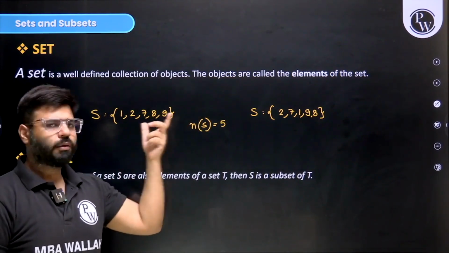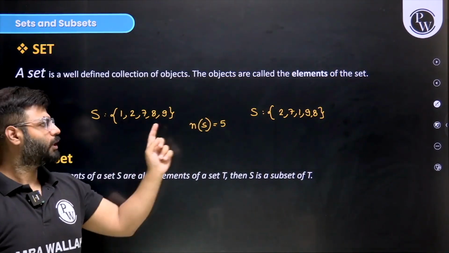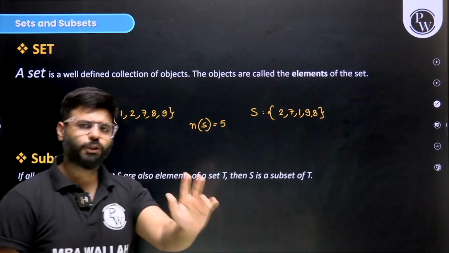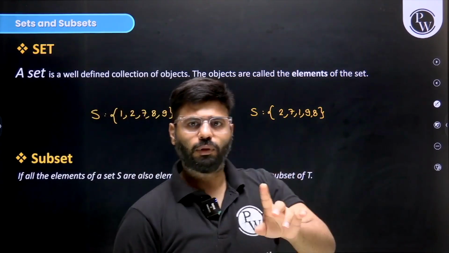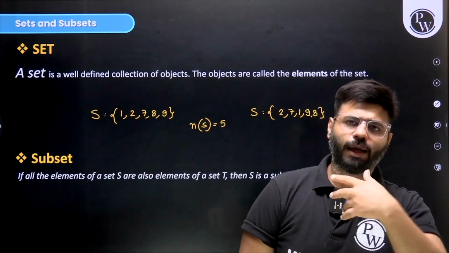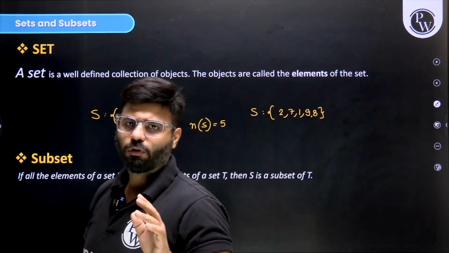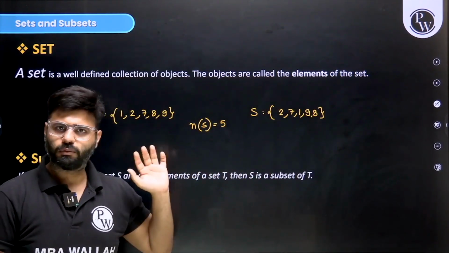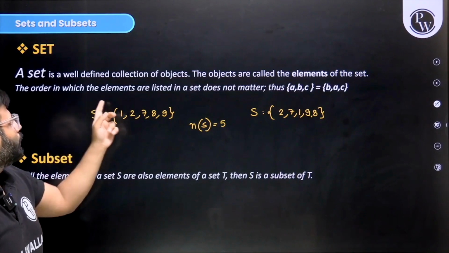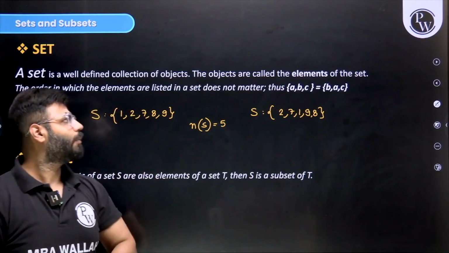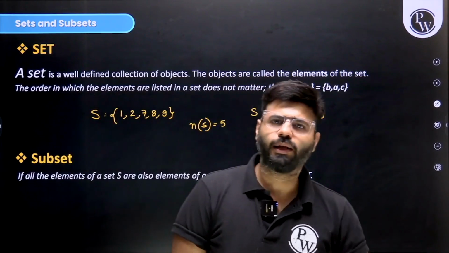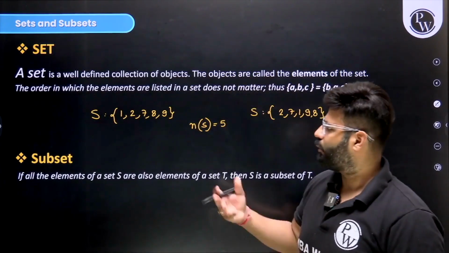So if the order is changing, the set won't change, the set remains the same. The set only changes if either a new element adds in or an element is taken away from these particular elements, right? So one more thing to note, that the order in which the elements are listed उसमें matter नहीं करने वाला है.